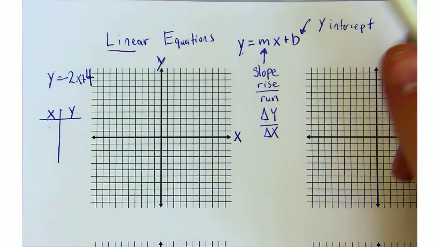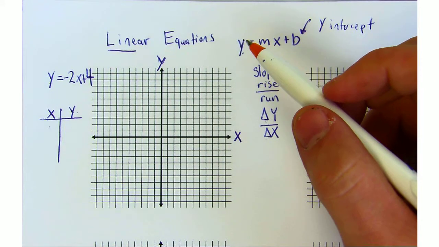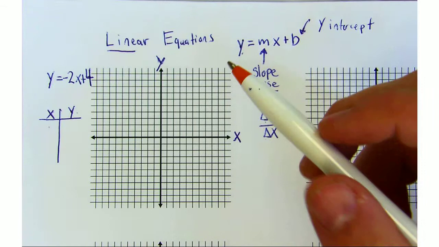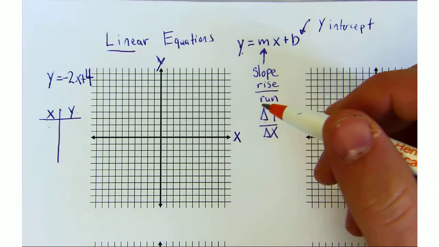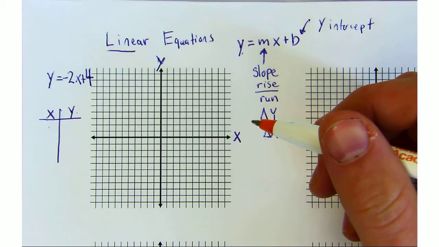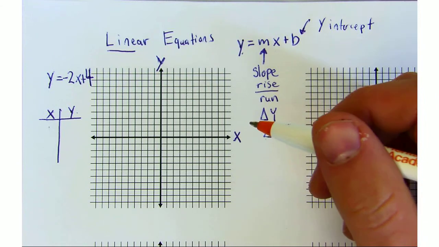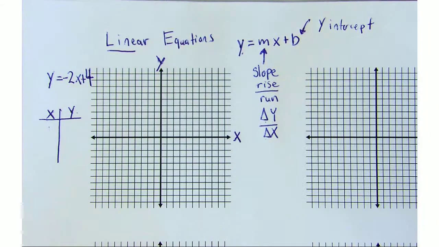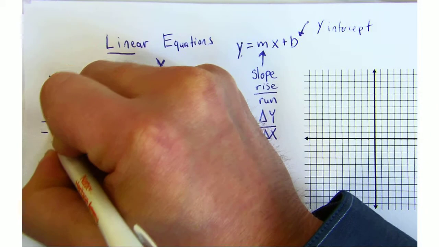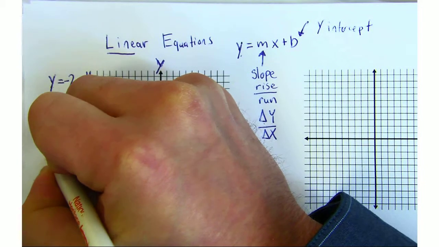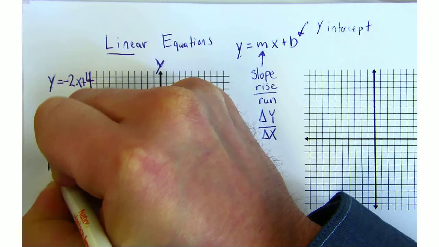Remember, lines are always going to be straight, not curved. So with 3 points, I can really tell if I did a good job. I like to have a negative, 0, and a positive. To keep things easy, a lot of times I'll go -1, 0, and +1 for my x values.